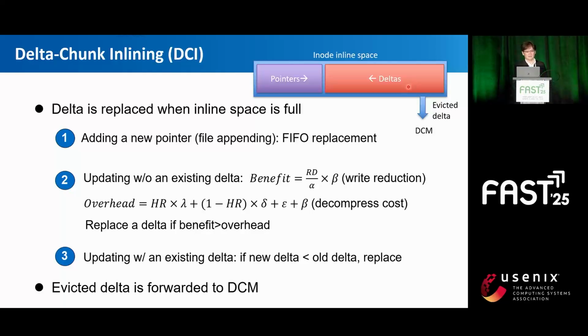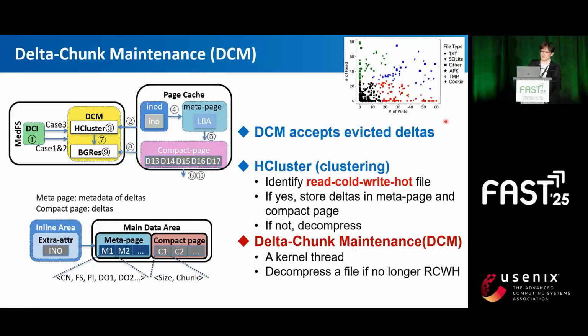That is the basic principle. On replacement, a selected delta will be evicted from the inline area, and the evicted delta will be handled by DCM.